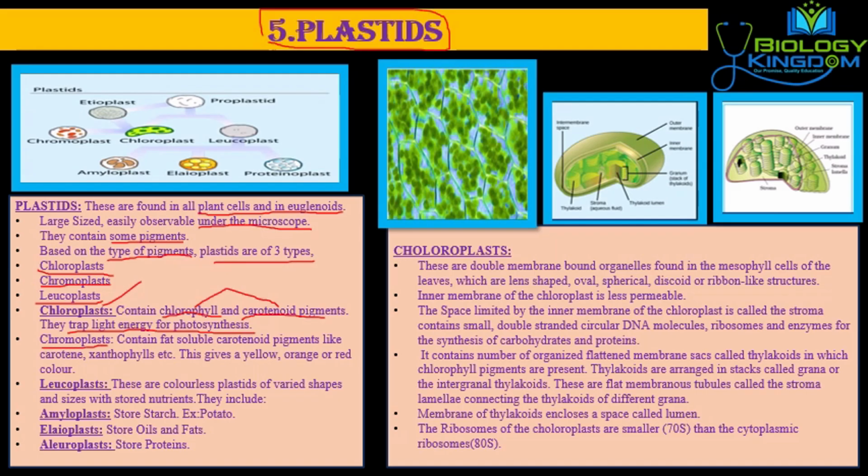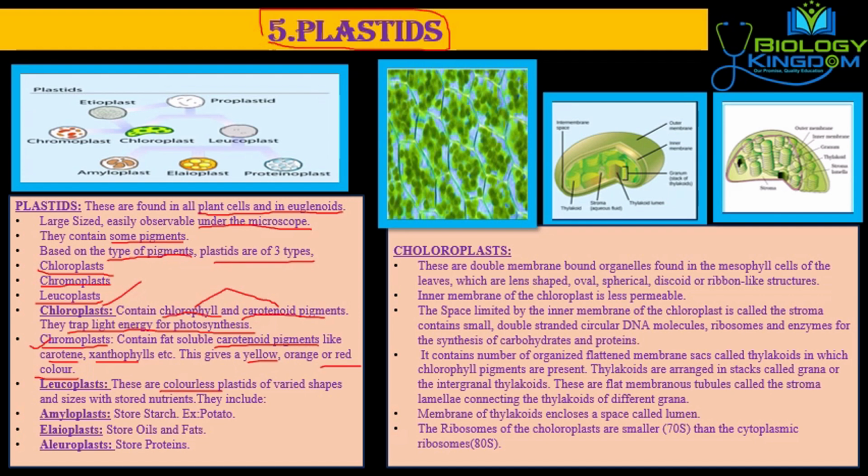Next comes the chromoplasts. These contain fat soluble carotenoid pigments like carotene and xanthophylls. This gives a yellow, orange or red color. Basically all yellow and orange colored vegetables and fruits will have these chromoplasts. And next, coming to leucoplasts.